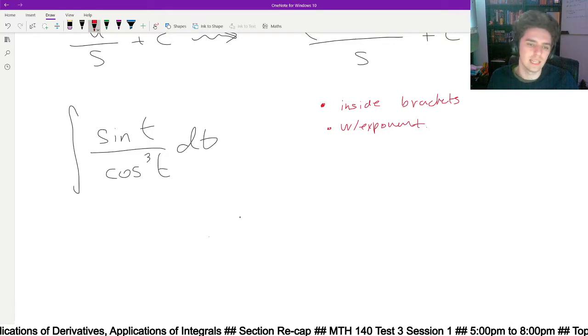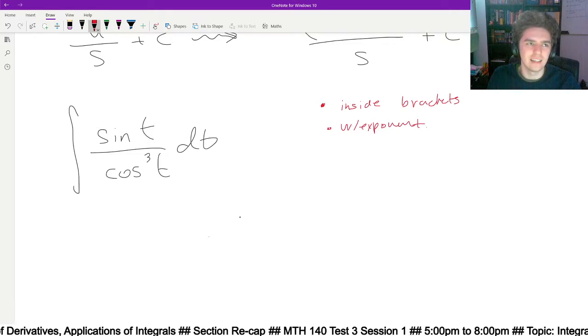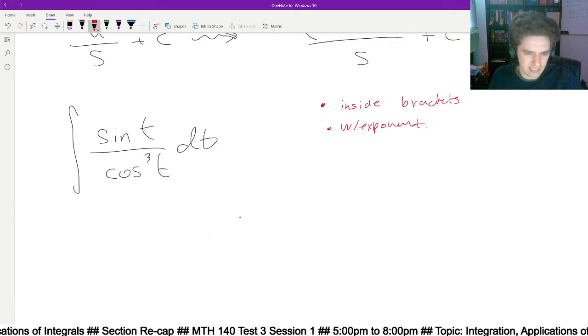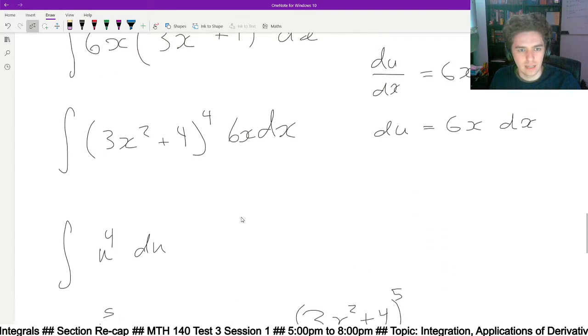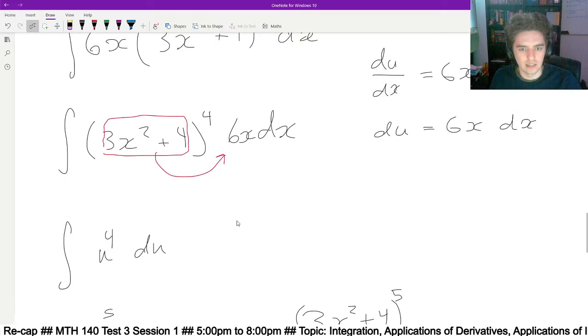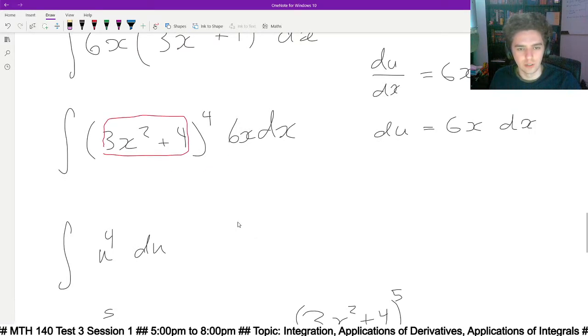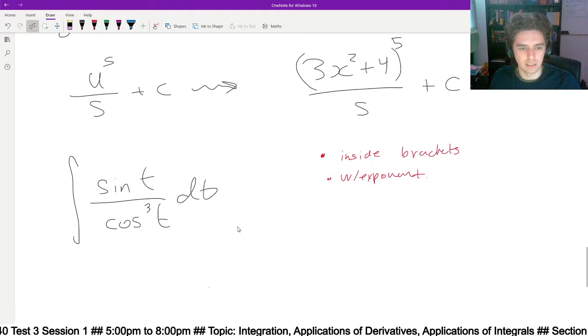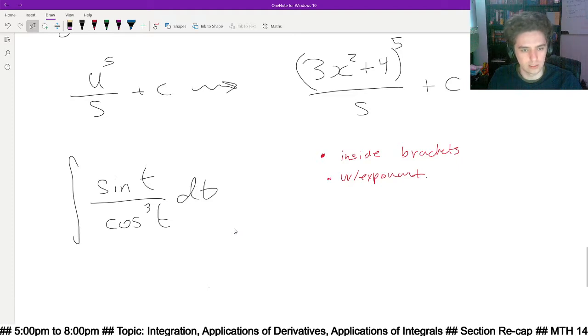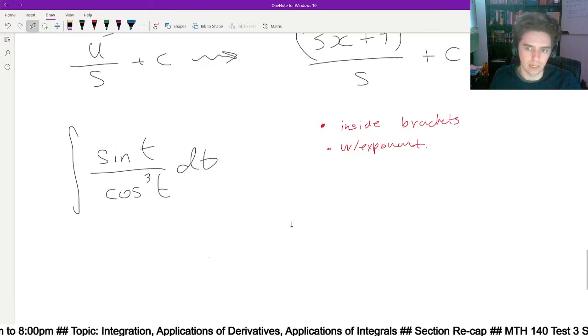And then the thing that has the derivative that's also in there. But in this case, it's both of them. In the last example, this was my u because its derivative is also in here, so that's a good choice for u. But in this case it doesn't really count, because sine t's derivative is cos, and cos's derivative is sine. So it didn't really help.